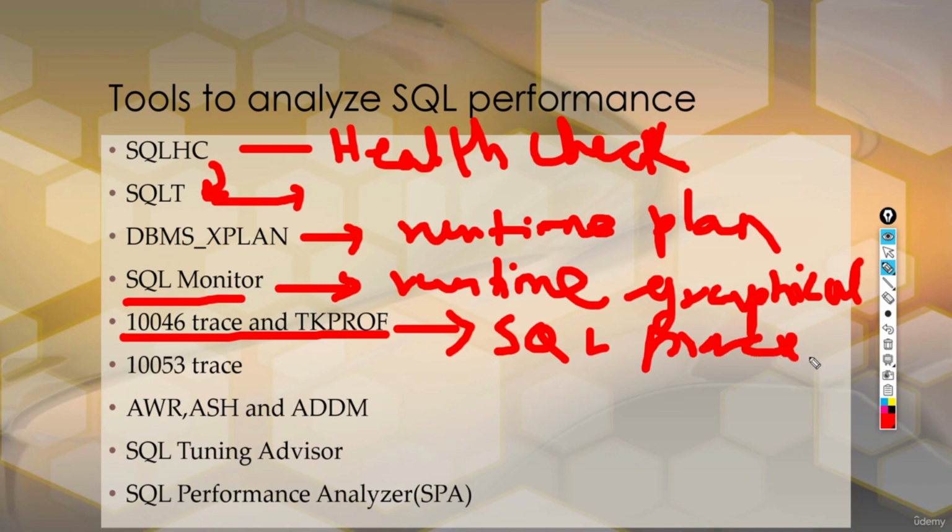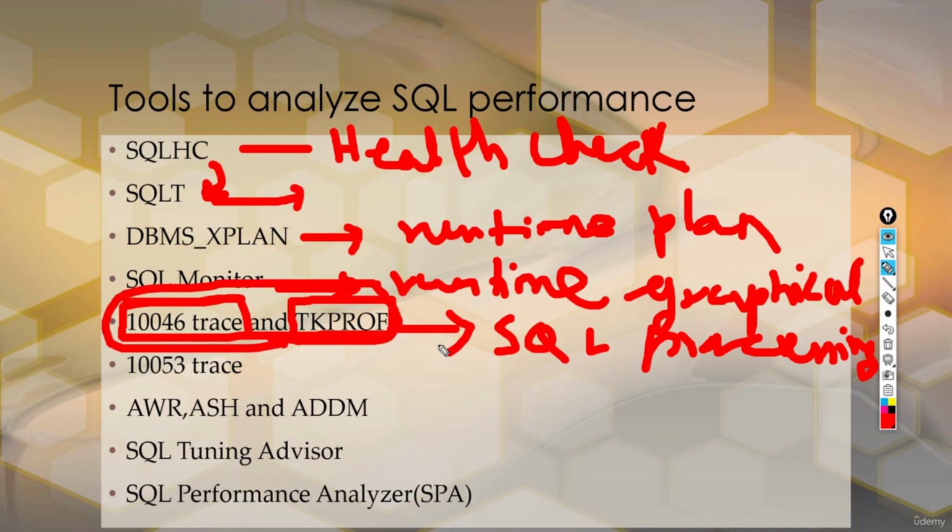As we already know, in order for a SQL to process, there are multiple stages: query transformation, parsing, execution, fetching. All these operations are captured in the 10046 trace, and TKPROF is a utility which converts the raw trace file into a readable format. That's it. These two traces in combination are very powerful.